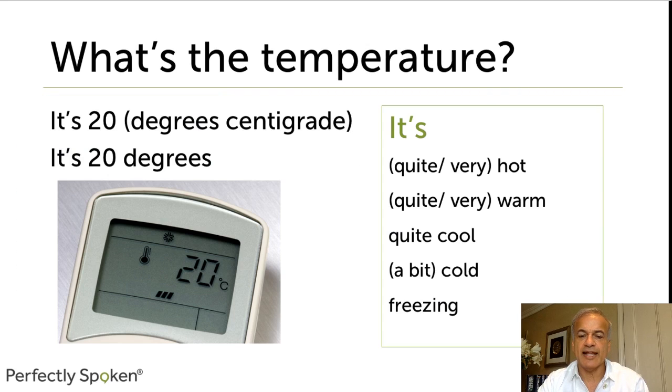Now let's look at the temperature. What's the temperature? It's 20 degrees. Or you can say it's 20 degrees centigrade or Fahrenheit, depends where you are. And we can say it's quite, or very, it's very hot.